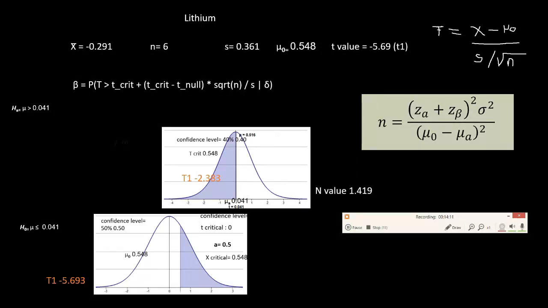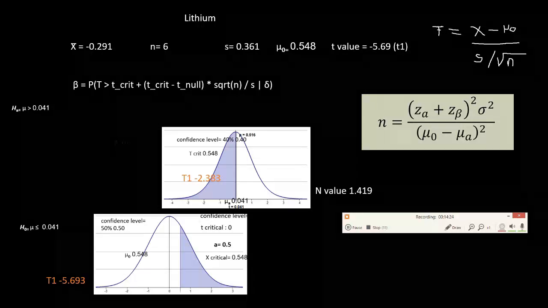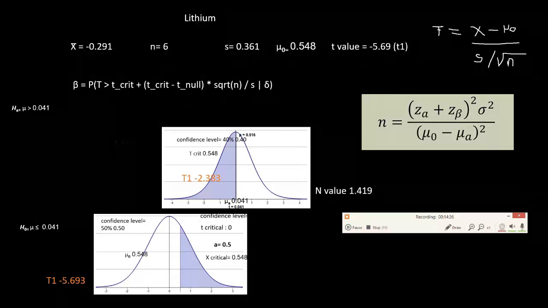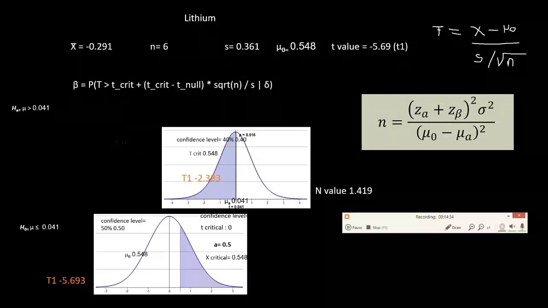It doesn't really matter which way we do it because we'll still be doing a one-tail t-test and it will still give the exact same answer. But let's see. If lithium is healthy, that means the true mean will be more negative than the mu naught, which means the top one will be on the left.